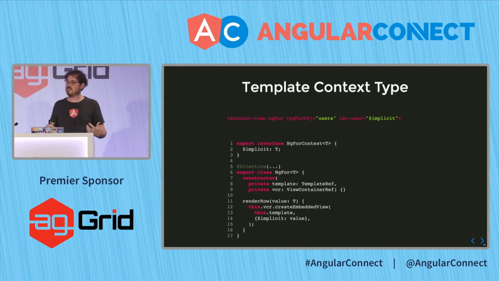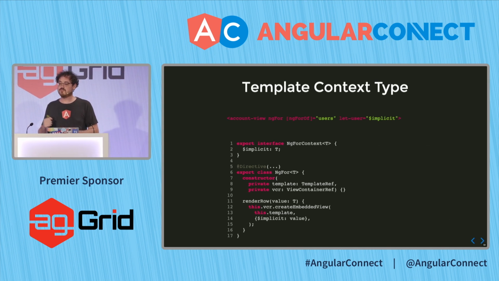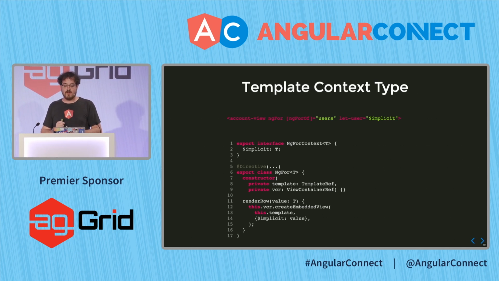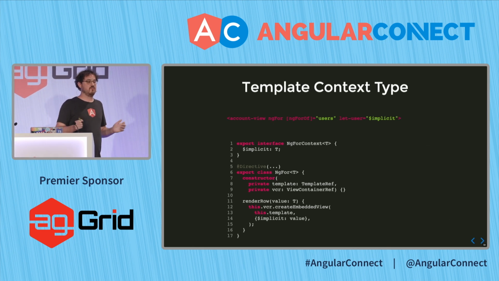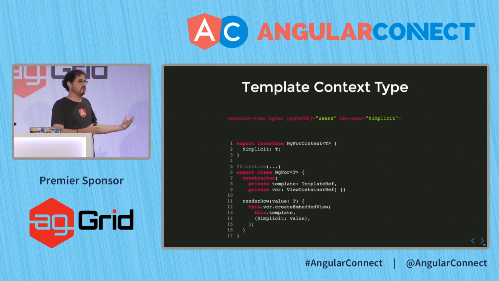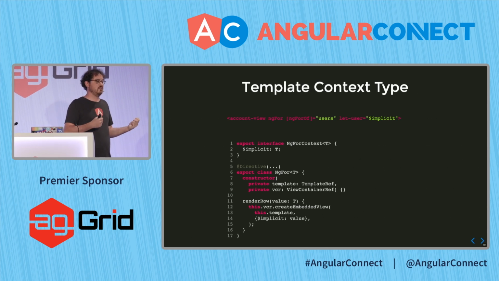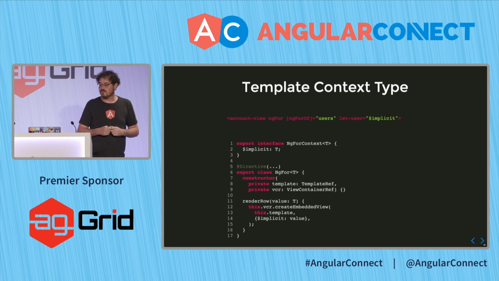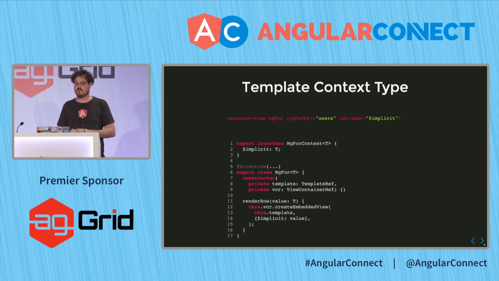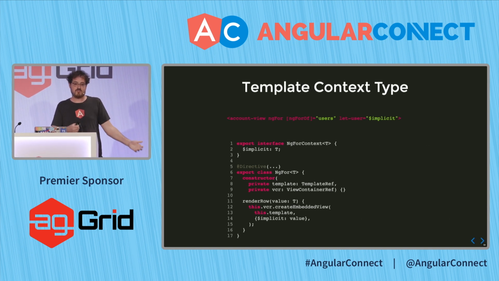And the context object has a $implicit property, and this represents the actual value for each row. And the problem is that this is highly dynamic. Nothing in the ngFor directive says that it has to create rows with the same values as you gave in an array input, right? It can use any value at once for the row. It just happens that ngFor likes to repeat over arrays.